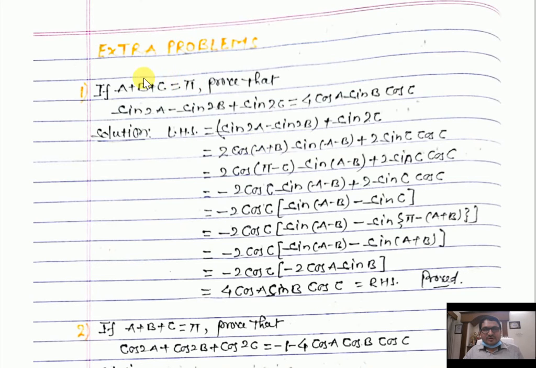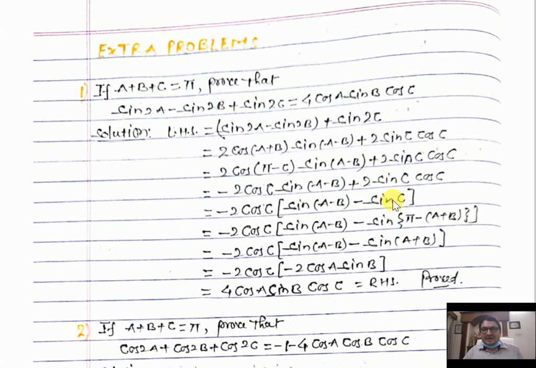I have written from here this result, pi minus c. So cos(180 minus theta) is minus cos theta, second quadrant, only sin and cosec are positive. Here a minus b you can't replace, plus 2 sin c cos c. Now this is the first term and this is the second term. In both terms 2 cos c is common, so minus 2 cos c you can take common. Here sin(a minus b) minus sin c.